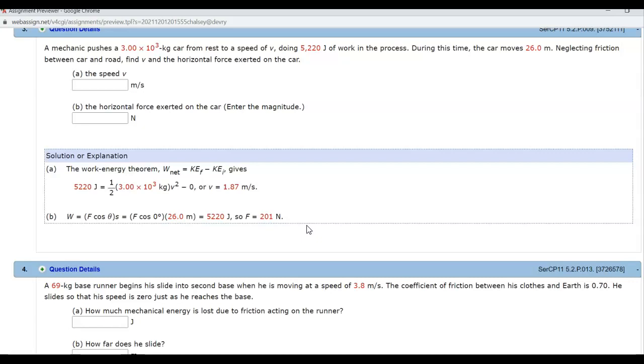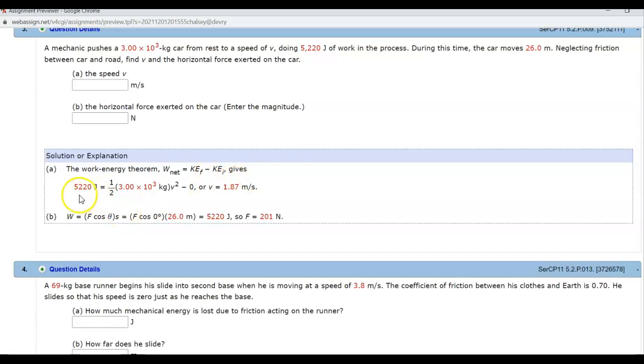All right. So we use the work-energy theorem, and the net work is equal to the final kinetic energy minus the initial kinetic energy.